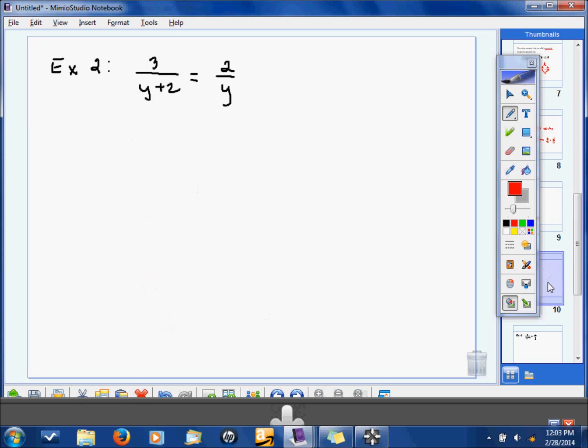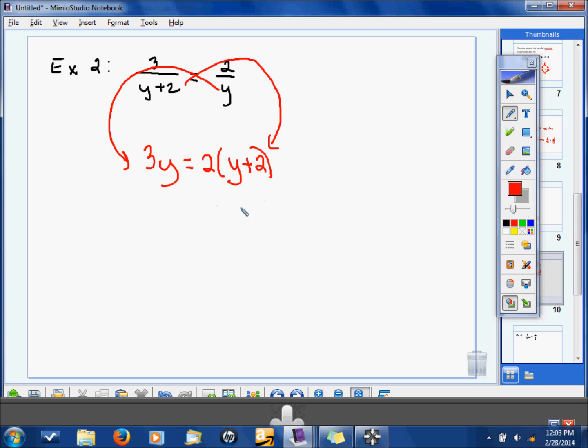Okay. All right. Let's see if we can get this one in. Once again, cross multiply. So we bring this around, and we get 3y. We bring this around, 2 times y plus 2, and we get 2y plus 4.